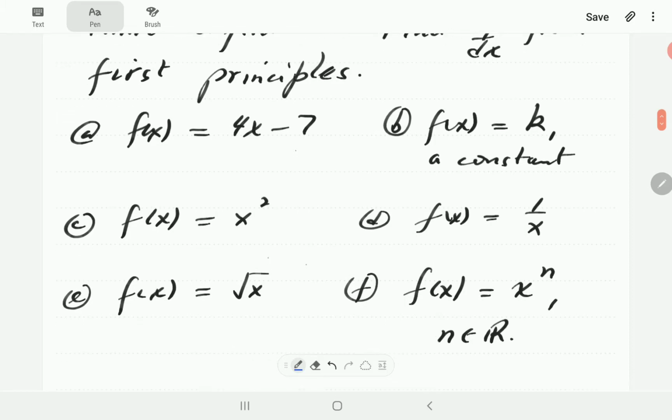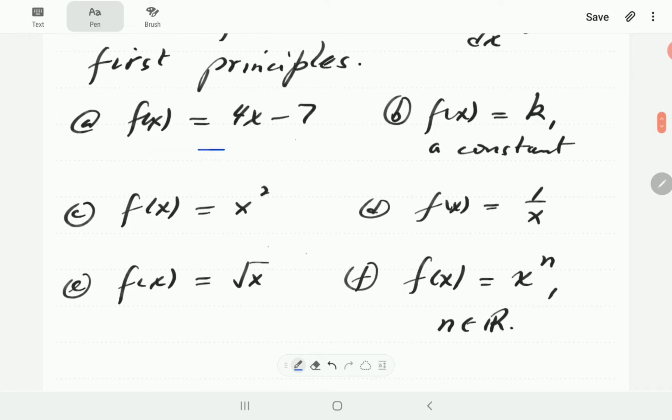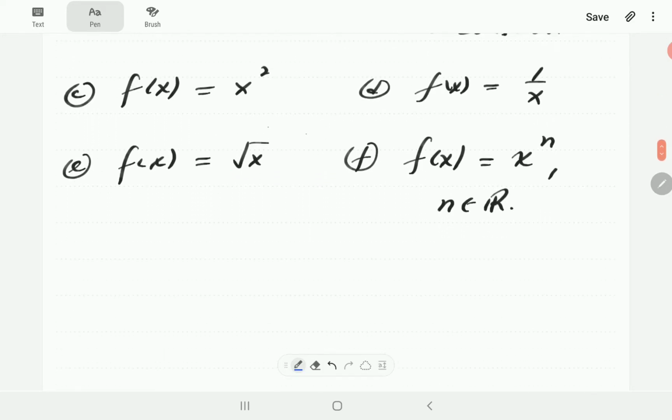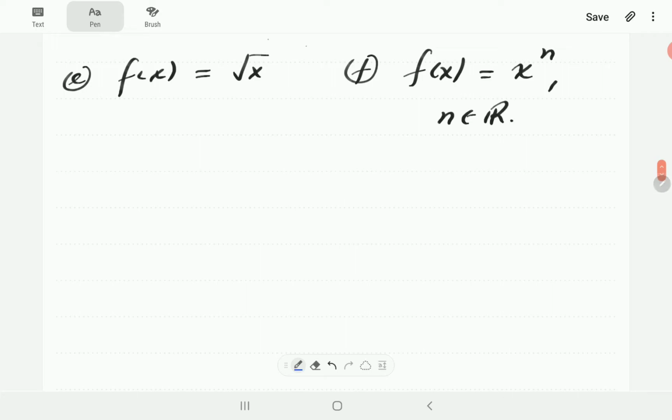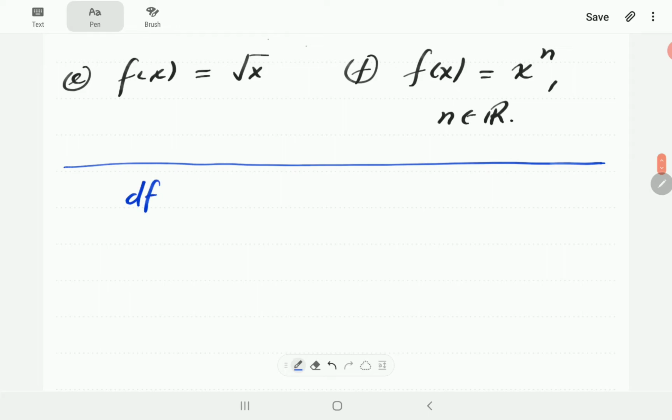Okay, so we have 6 functions here that we're going to find the derivative of using the limit definition. Before we start off, I'm just going to state the limit definition here.